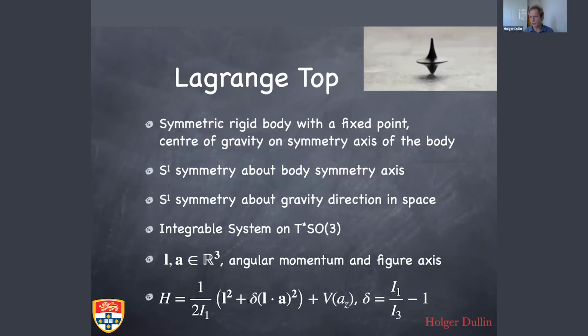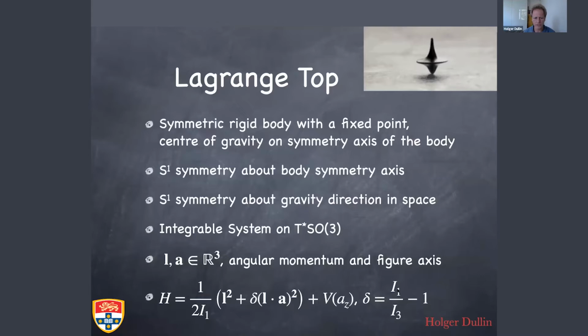Usually you do rigid body dynamics in the body frame for good reason, but that reason doesn't apply to our case. And so we can easily write down the Hamiltonian, and I'll explain this a bit more later, in terms of these spatial quantities. So it's L squared, angular momentum squared. Then there's a kind of correction factor here, delta. Delta measures how non-spherical this body is.